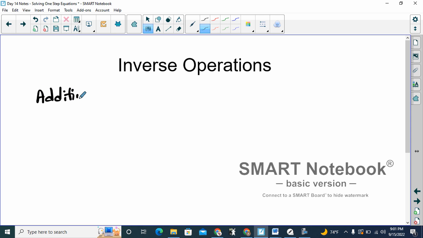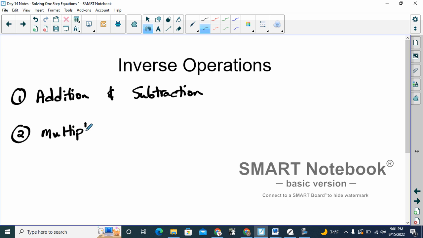Subtraction will undo addition. Addition will undo subtraction. The other one we will use a lot, starting in the notes today, multiplication and division will undo each other. Division undoes multiplication, and vice versa.